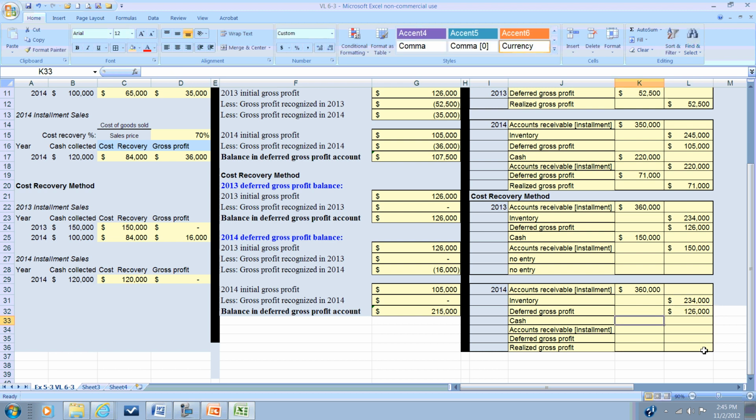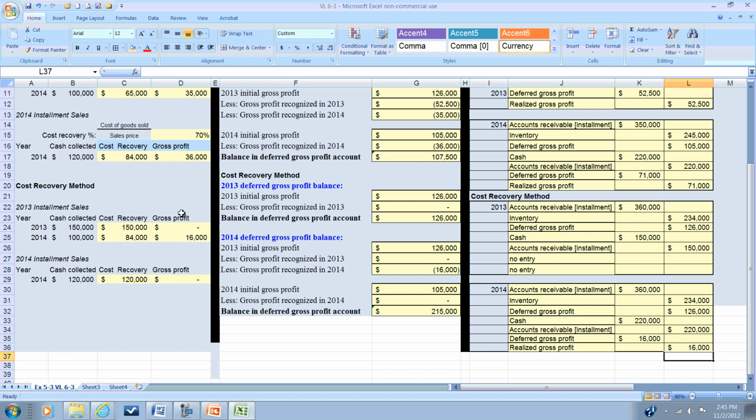We collect the same amount of cash as we did under the installment method, but now our deferred gross profit is only related to our 2013 sales, where we have exceeded cost by $16,000 cumulatively.